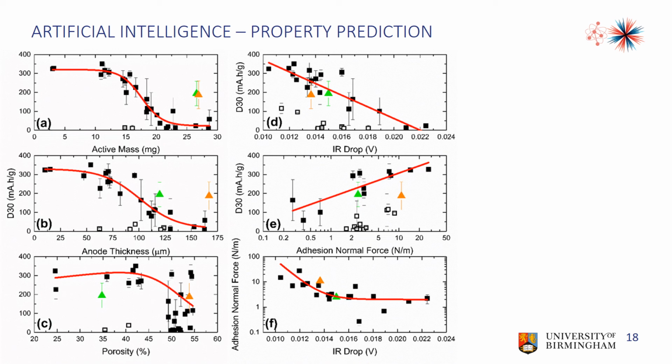In the rest of the graphs here, you see how both the experimental and the AI predicted results correlate with different properties like anode thickness, porosity, IR drop, adhesion normal force.